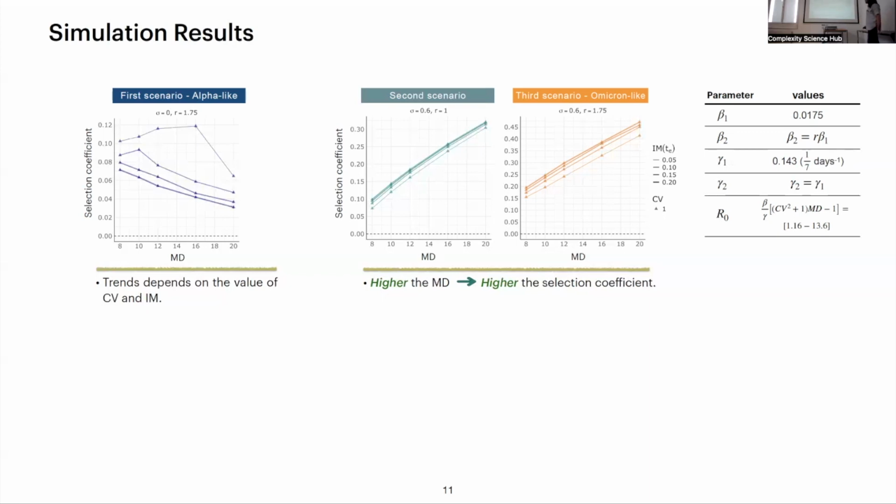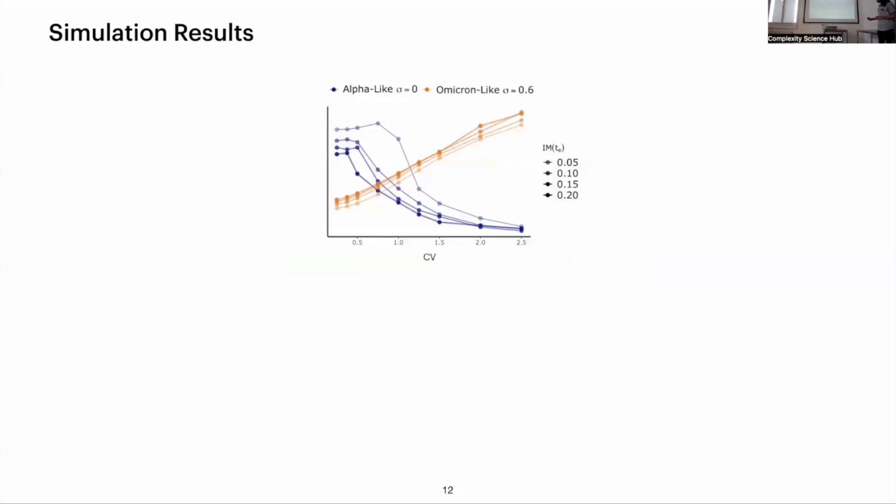Okay, let's see what is the intuition behind this effect of heterogeneity. Here I illustrated the two scenarios, alpha-like and omicron-like, in the same plot. I just removed the scale of the y-axis for the sake of comparison.